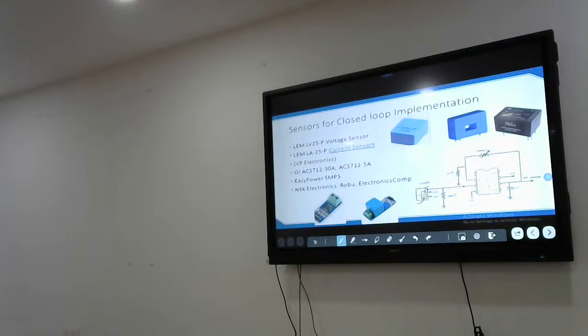Other is Adamtech, they give IGBTs also. Adamtech is one company that gives both the signal conditioning circuits and this one, including a BNC adapter, so you can directly see it in a DSO. Maybe I'll give some contacts also in case you want to do it.